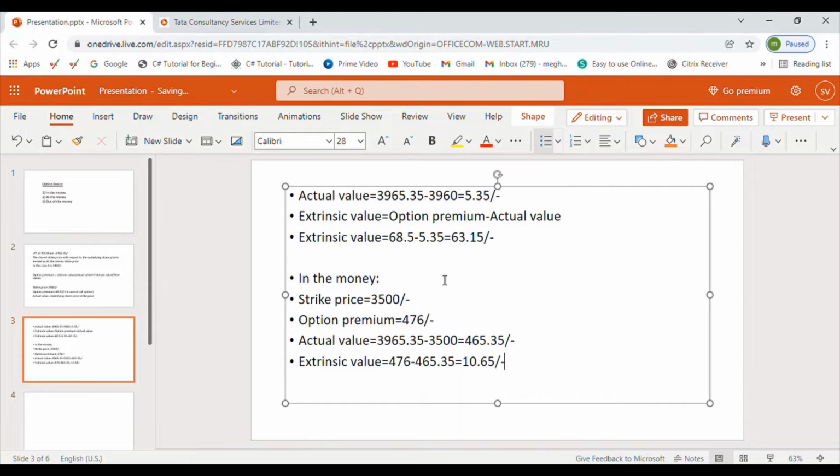Now, if you look at this carefully, for the at the money strike that we selected earlier, actual value is less, whereas extrinsic value is more. In case of in the money, actual value is very high, whereas extrinsic value is very low, which means the real value is very high and the time value is very low.